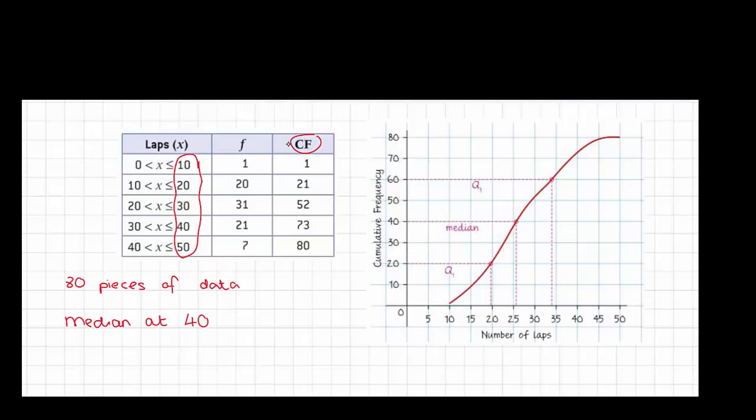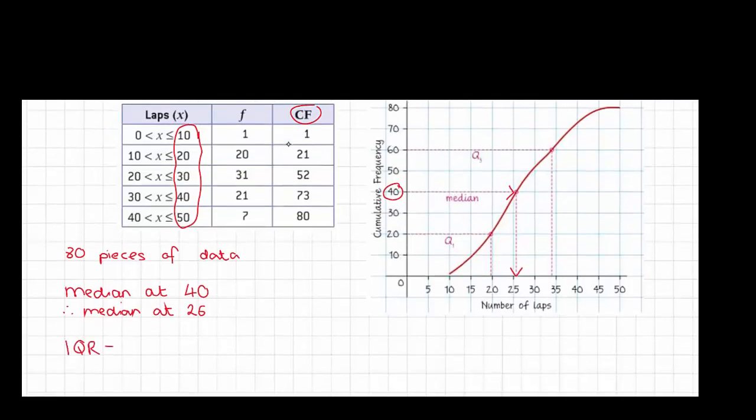If you look at the graph here, at the cumulative frequency of 40, a line has been drawn across to our cumulative frequency line, and then we measure down to the bottom and read from the graph that way. And we will see that the median is at 26.